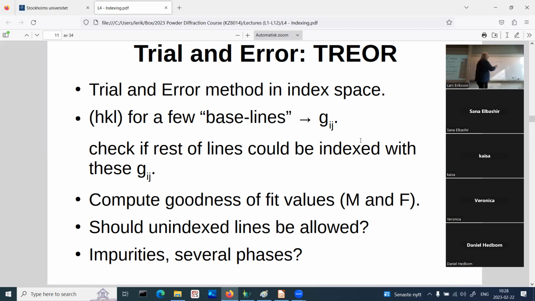Suppose that you have 6 parameters: a, b, c, alpha, beta, gamma. And what is the maximum value of an index for the initial lines? Perhaps 2.